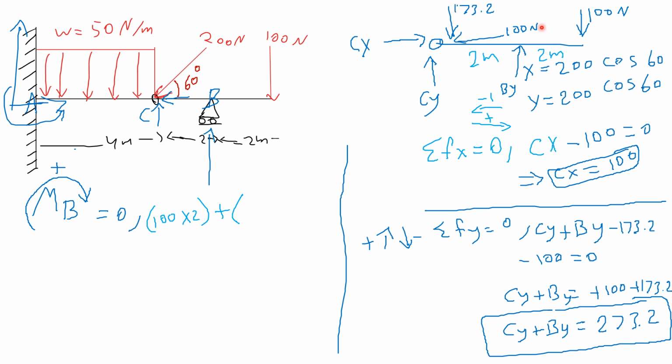If we take this point as clockwise, if we assume it's positive with the clockwise, so it's going to be against the clockwise, or the positive direction of the clockwise.